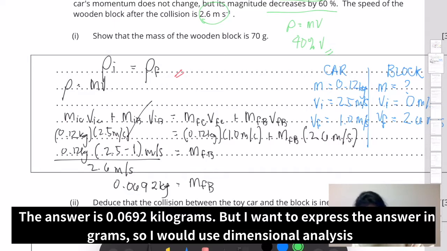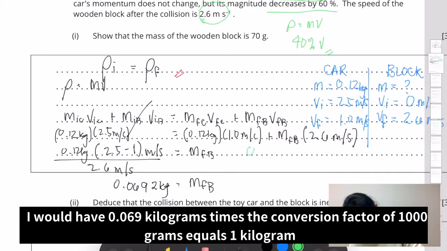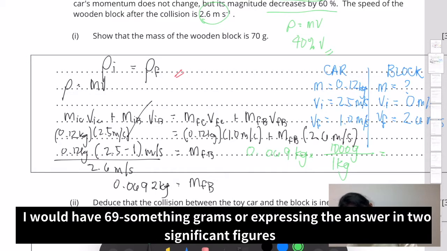But I want to express the answer in grams, so I will use dimensional analysis to show you how it works. I would have 0.069 kilograms times the conversion factor, which is 1 kilogram equals 1,000 grams. So that's 69 something grams.